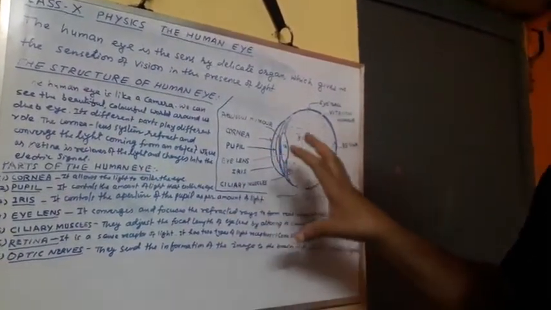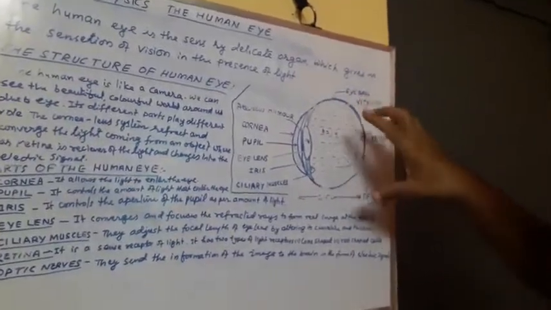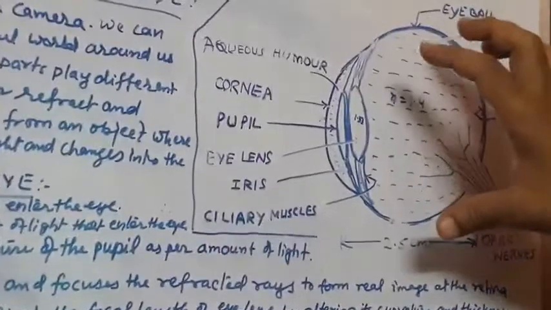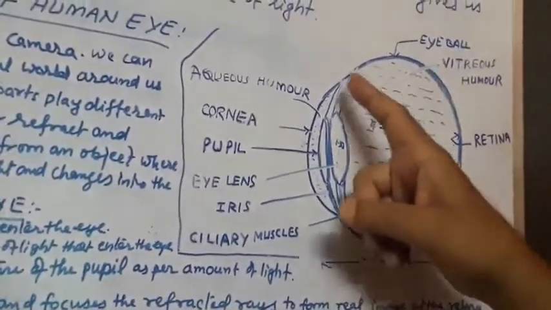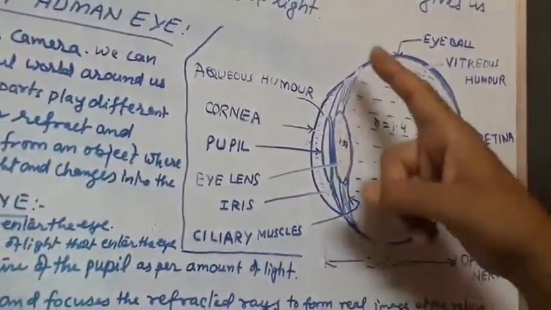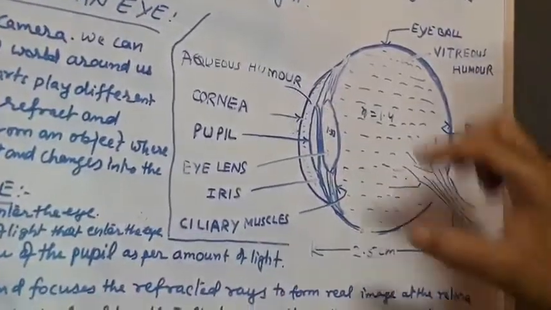So first of all, the structure of the human eye. My dear students, it is just a spherical shape and the front one is transparent. The front one is transparent, that is called the opening part of the eye. It is very small.